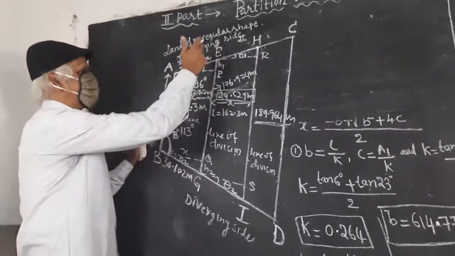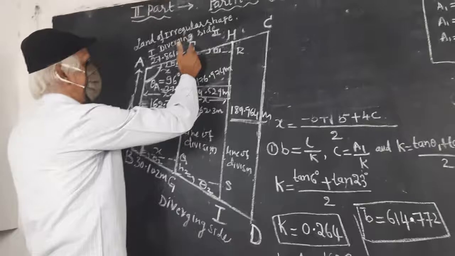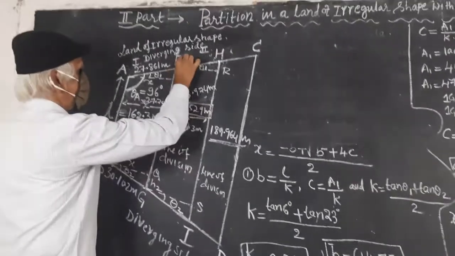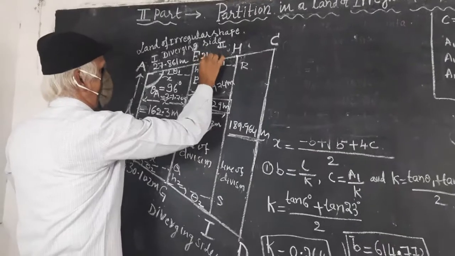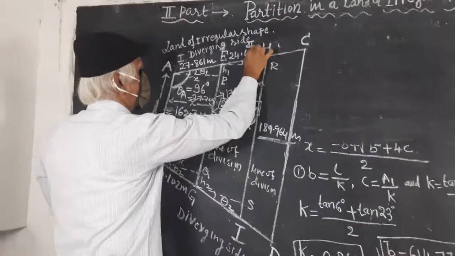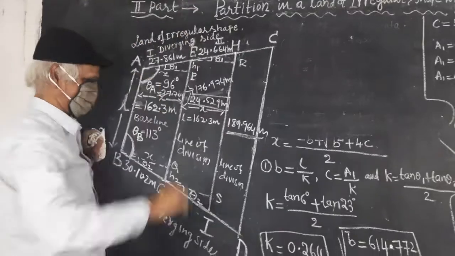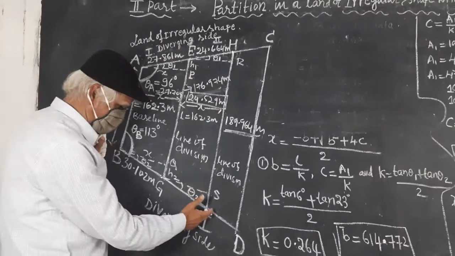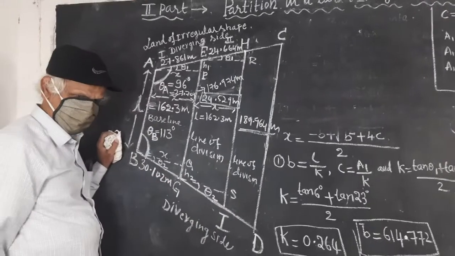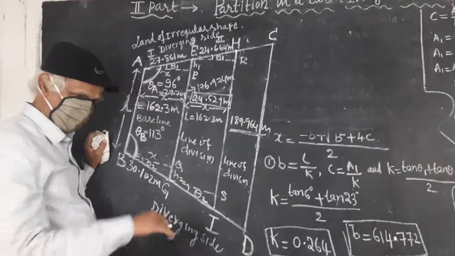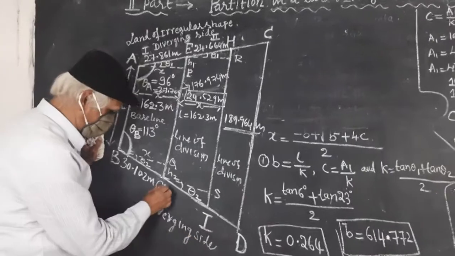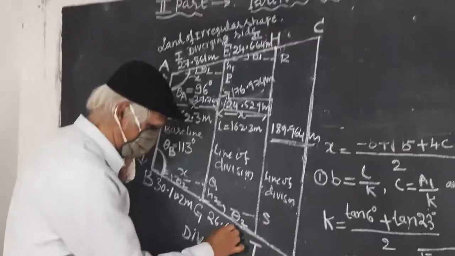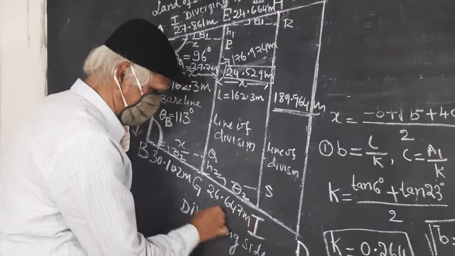And the distance of the first cutting point will be 24.664 meter. Similarly, the distance of the lower cutting point from G, that is GI, on calculation will be found to be 26.647 meters.